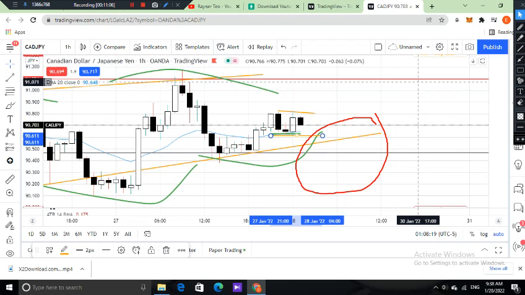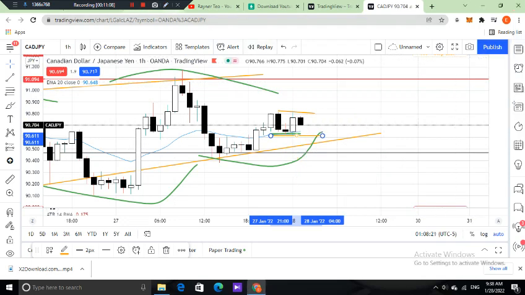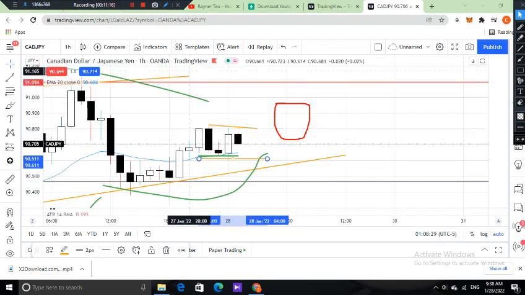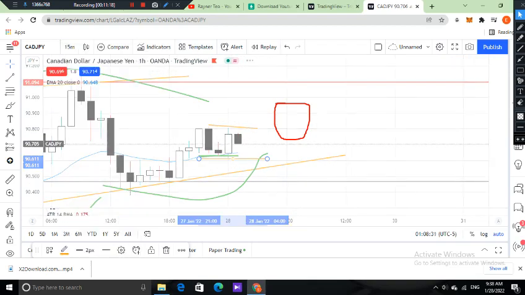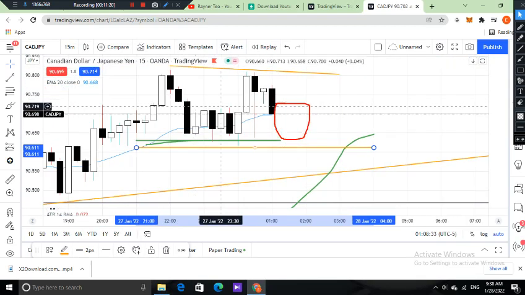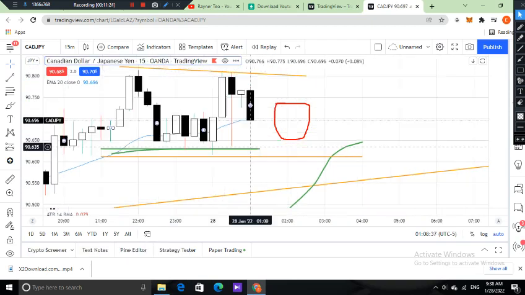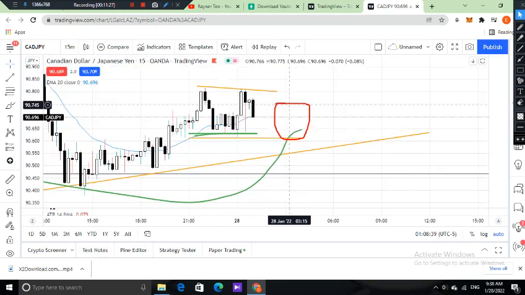If you look at this in a lower time frame, you definitely can see the trading range. If you look at it in the 50-minute time frame, yeah, it looks like a trading range. It's also a double top. Yeah, we have a double top here.